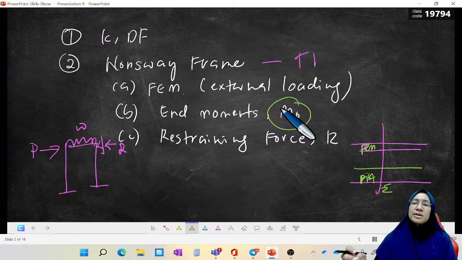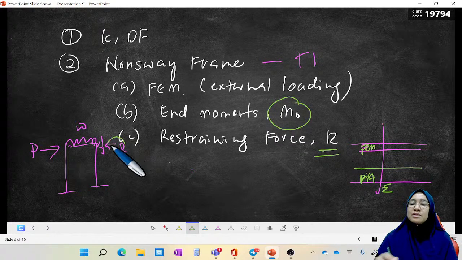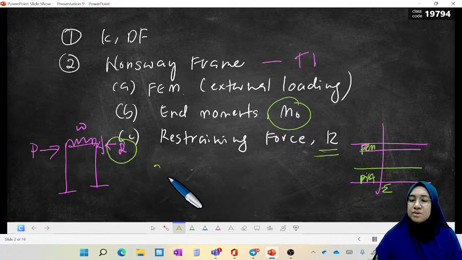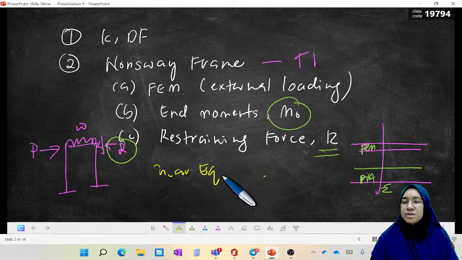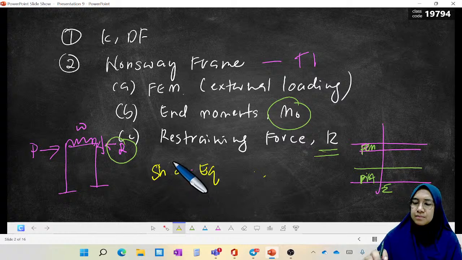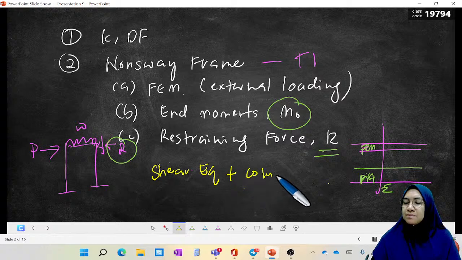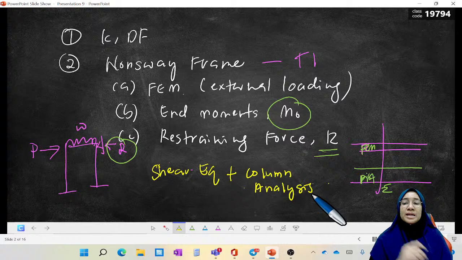This internal moment will be used to calculate the restraining force R. We will use the internal moment from table 1 to calculate the value of R. The value of R will be determined using the shear equation and column analysis.